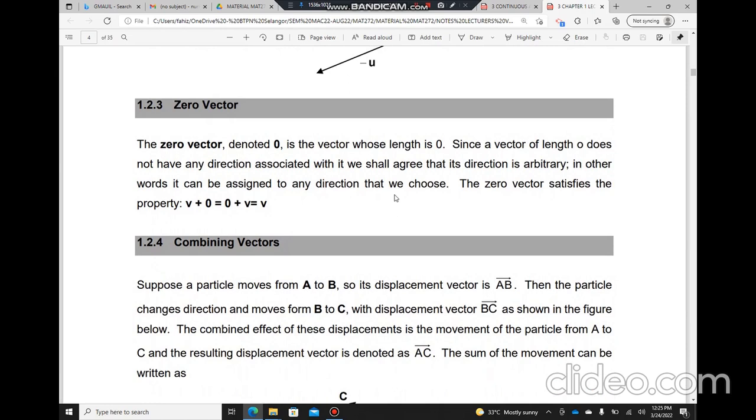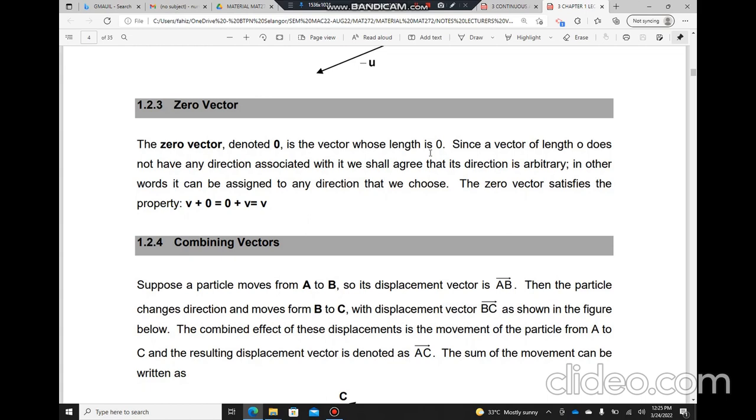The zero vector, denoted zero vector, is the vector whose length is 0. Maknanya panjang dia kosong. Since a vector of length 0 does not have any direction associated with it, we shall agree that its direction is arbitrary. In other words, it can be assigned to any direction that we choose.